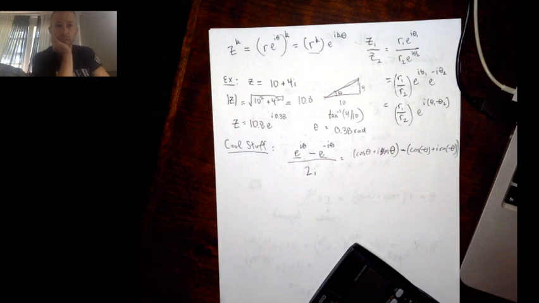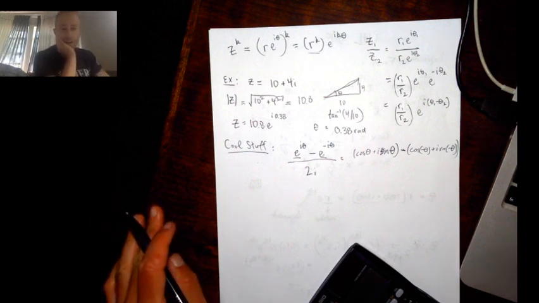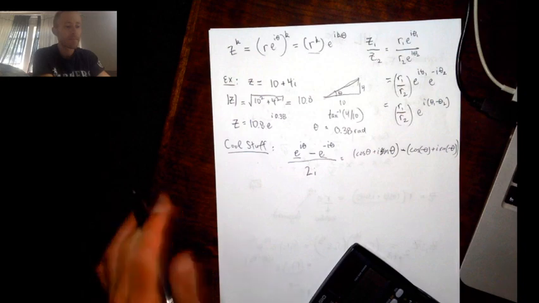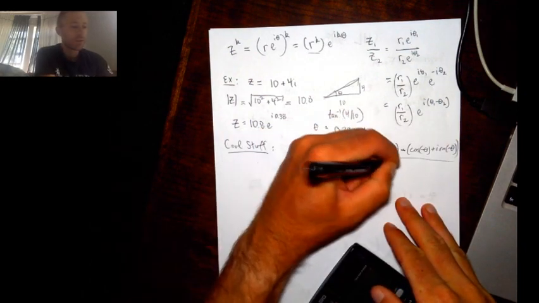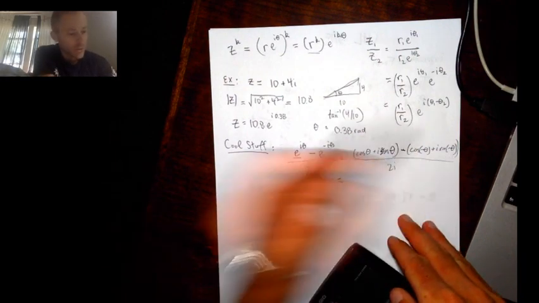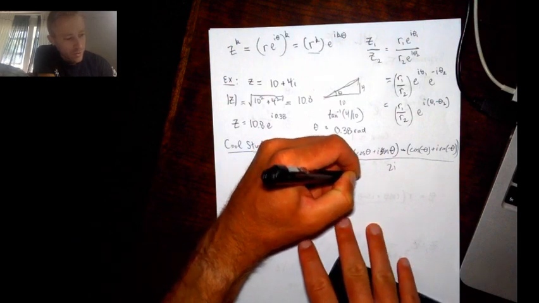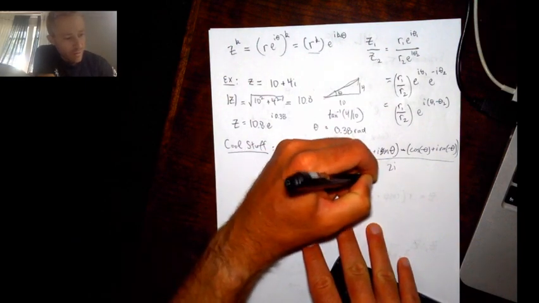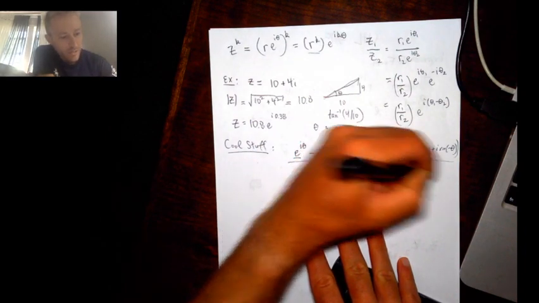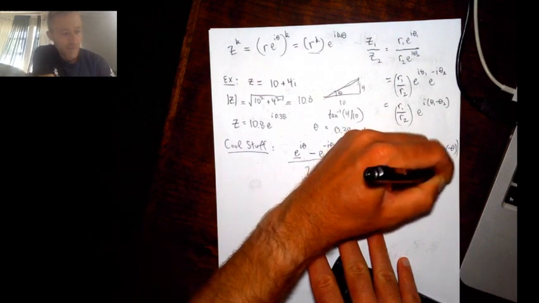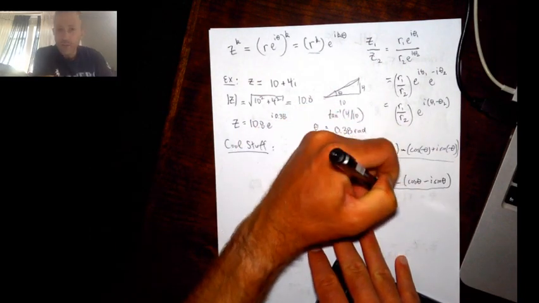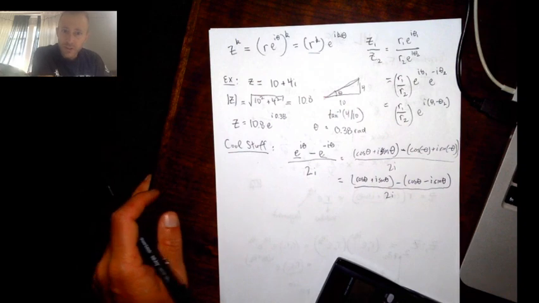Now we're going to use the fact that cosine is an even function, so cosine of negative theta is just cosine theta. And sine is an odd function. So this becomes cosine of theta plus i sine theta minus cosine of theta minus i sine of theta. I used the fact that sine is an odd function and cosine is an even function.